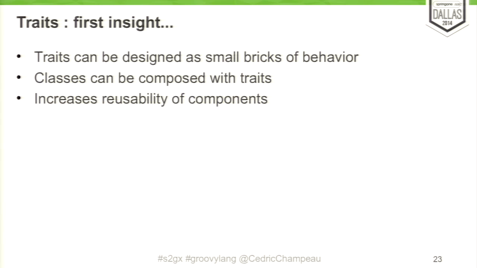It tells us that traits can be designed as capabilities, as small features, small bricks. So for you who have children and they play Lego, you know, you have small bricks, you compose them, and you have a big object. This is exactly the same. You compose behavior, you compose your objects with small bricks.